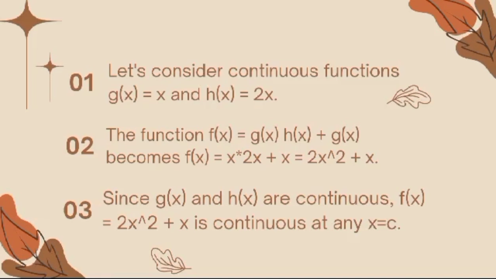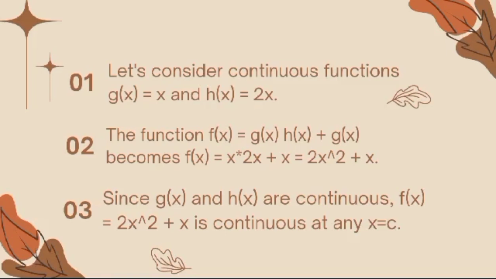And next, number 2. Function f of x equals g of x, h of x plus g of x becomes f of x equals x times 2x plus x, which equals 2x squared plus x.